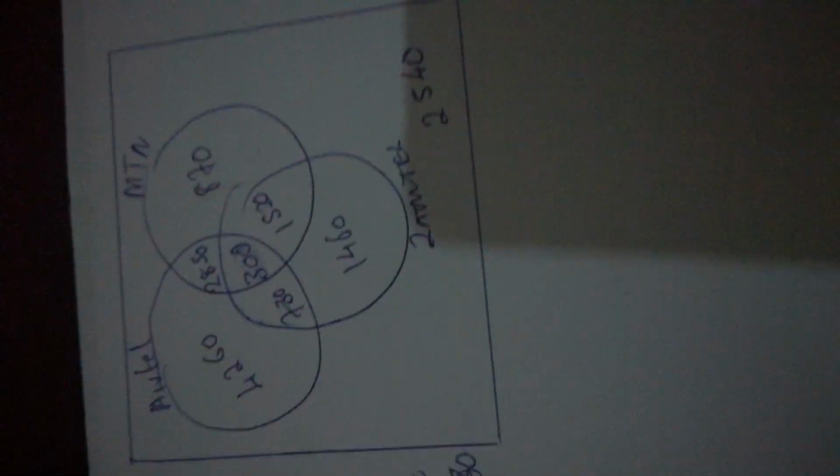So our first question was saying, find the number of subscribers who did not prefer, sorry about the blurred image, who did not prefer any of the three networks. So we've already done this thanks to the help of the Venn diagram.